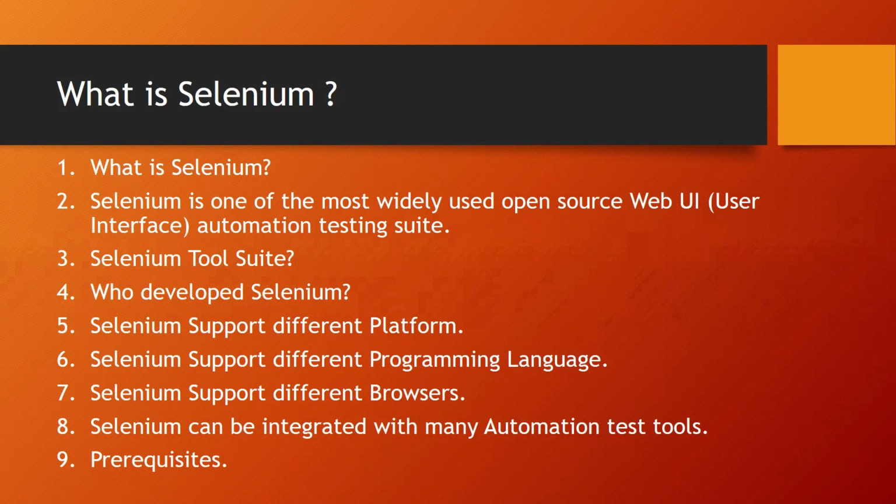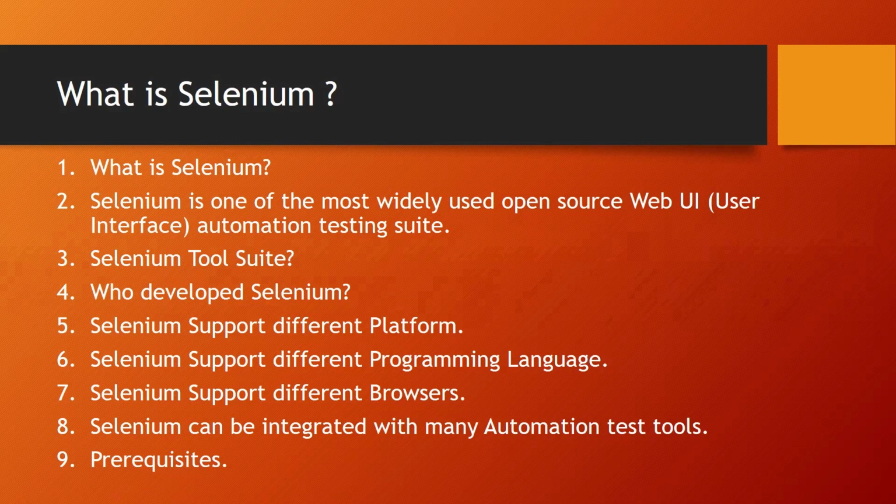Selenium is one of the most widely used open source web user interface automation testing suites. And it is free open source because we do not have to pay any license cost to use the software.